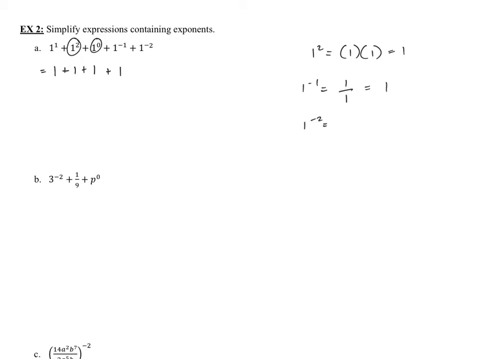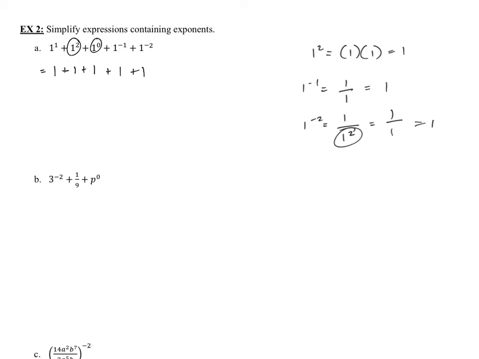Let's see, that's going to be 1 over 1 squared. What is 1 squared? 1 squared is going to be 1 times 1, which is just 1 again. Then 1 divided by 1 is just 1. Whoa, this is so strange.